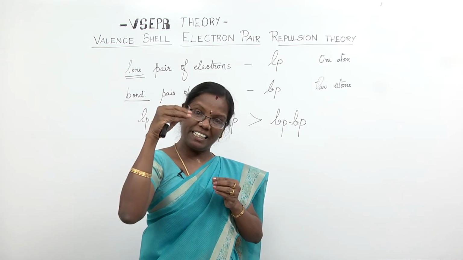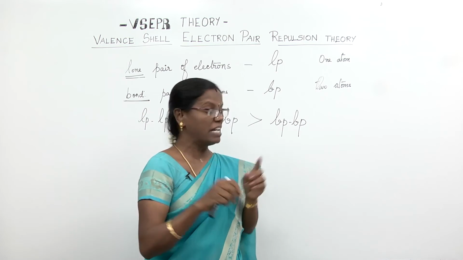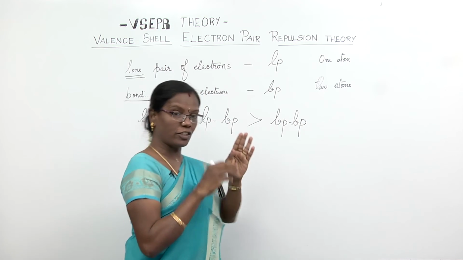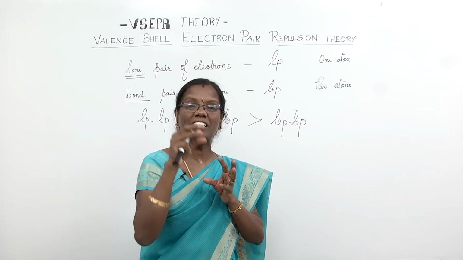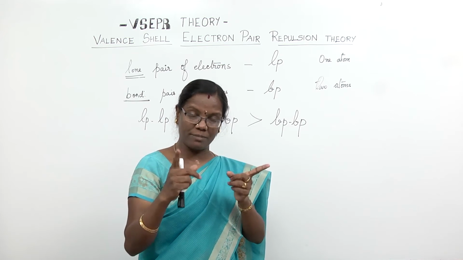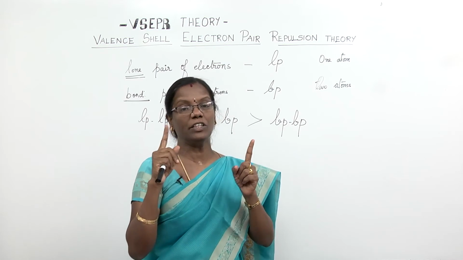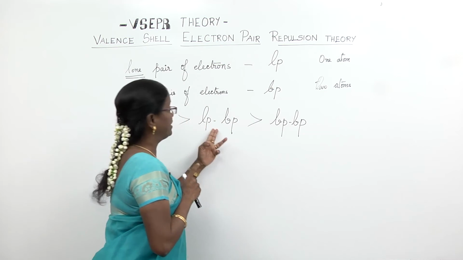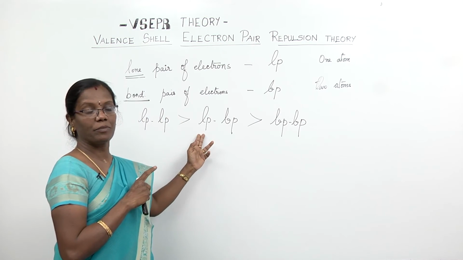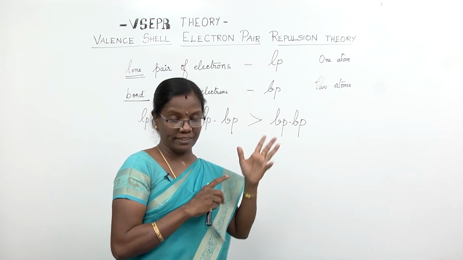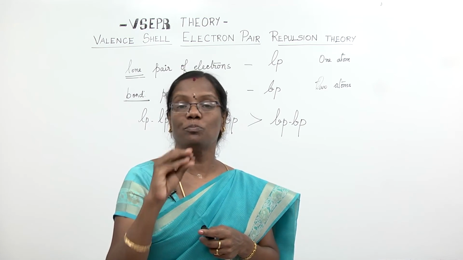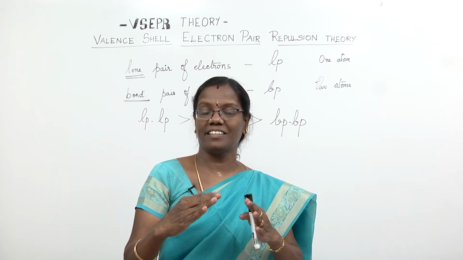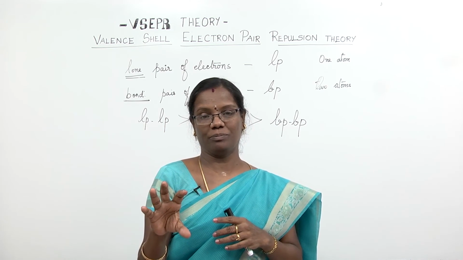So it will interact with only one atom, whereas the bonding pair is present between two atoms, so it will interact with two atoms. That is why it is lesser. So these forces decide where the atoms should be, and that decides the shape of the molecule.